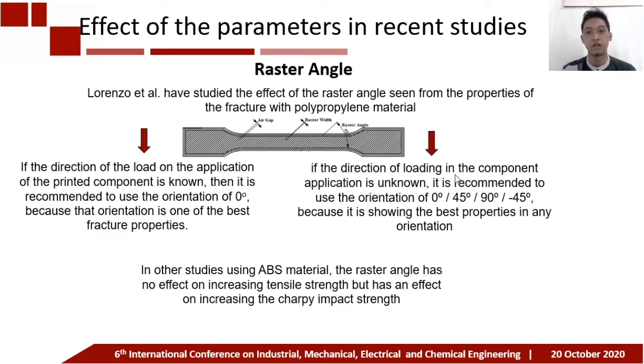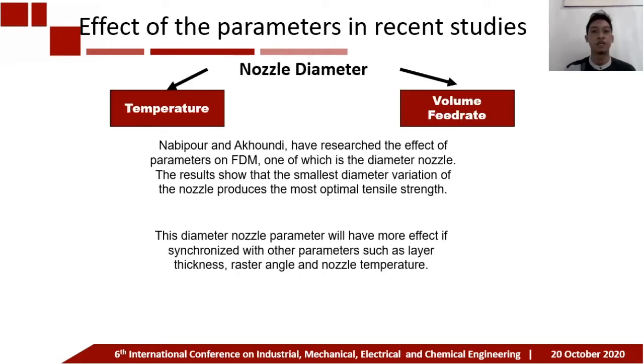If the direction of loading in the component application is unknown, it is recommended to use an orientation combination. In other studies using ABS material, the raster angle has no effect on increasing tensile strength but has an effect on increasing the Charpy impact strength.